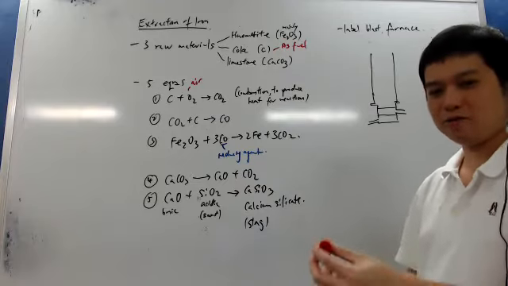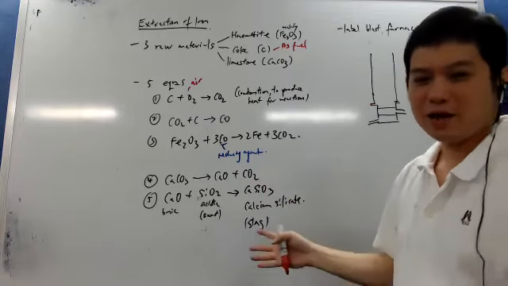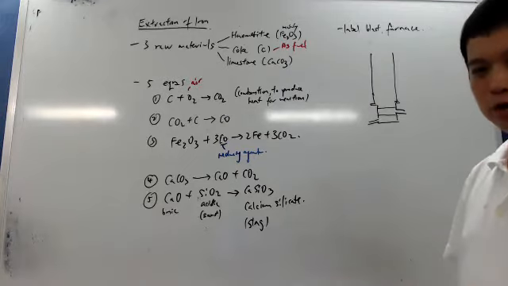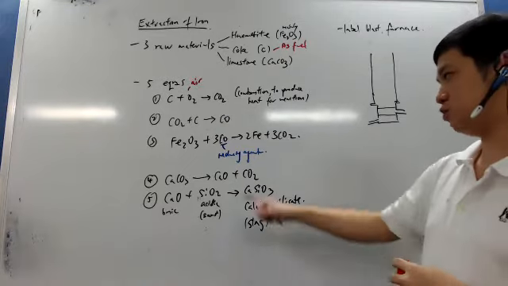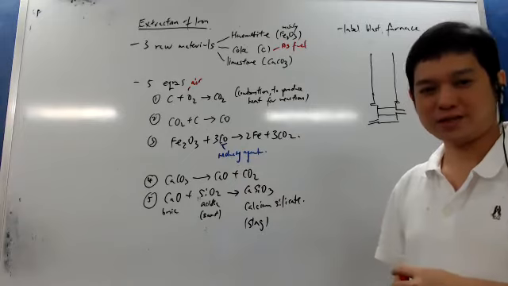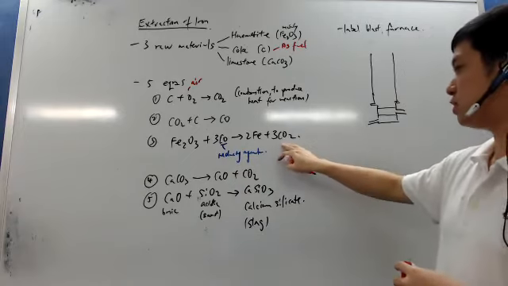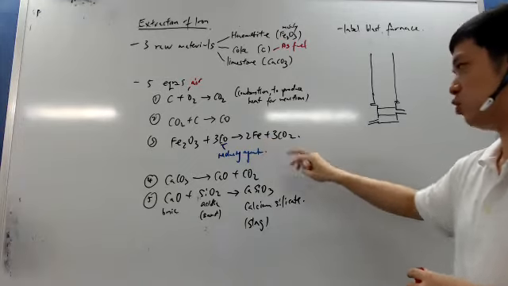Because carbon is solid, it has to touch the iron 3 oxide before it can react, which will of course be a smaller percentage compared to the iron 3 oxide reduced by carbon monoxide, which is a gas. Okay, right? So this one is a redox reaction, so you get iron by this equation.